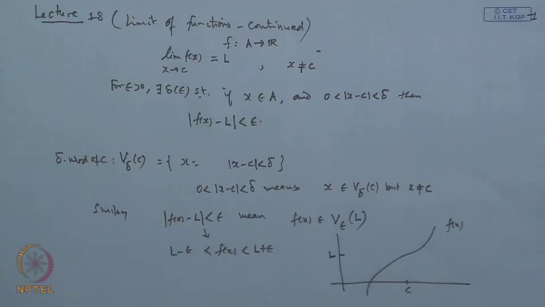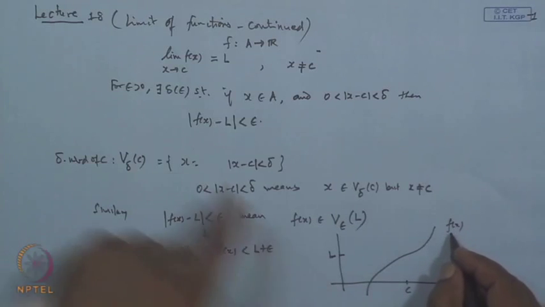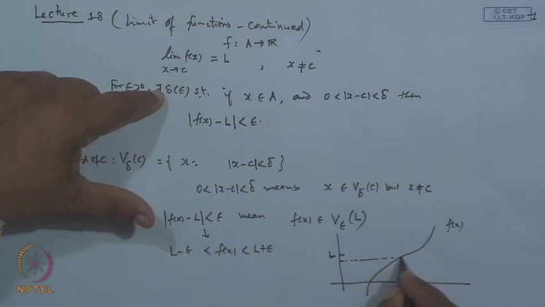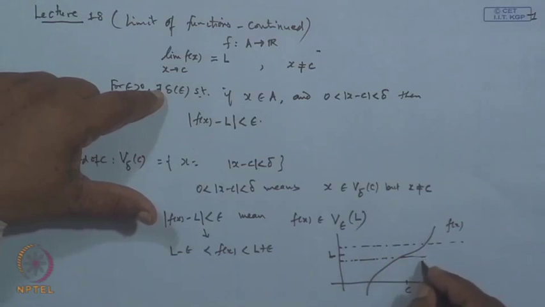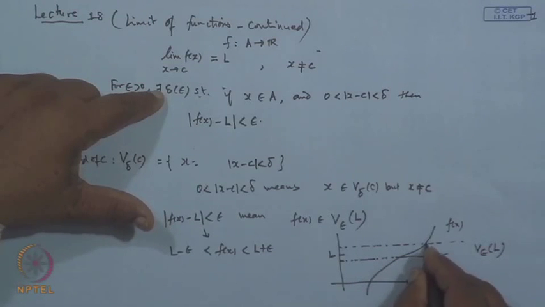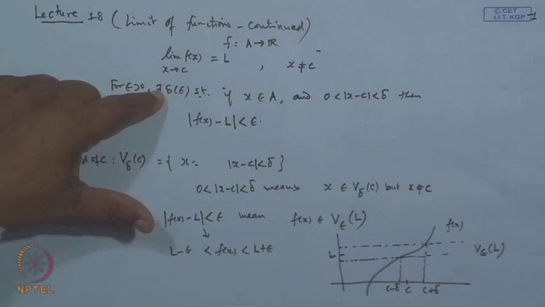So, what it says is that the limit of the function f(x) when x tends to c means, for a given epsilon greater than 0, if I consider an epsilon neighborhood of L, then corresponding to this neighborhood we can find a delta neighborhood of c, from c minus delta to c plus delta, where c may not be included in it.